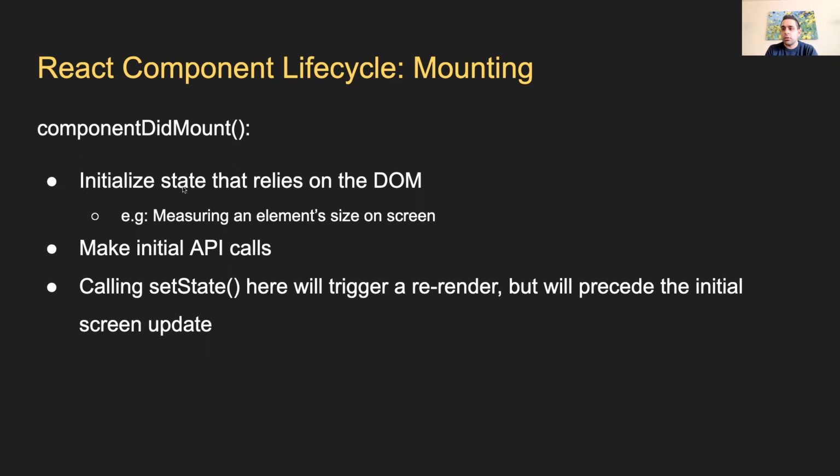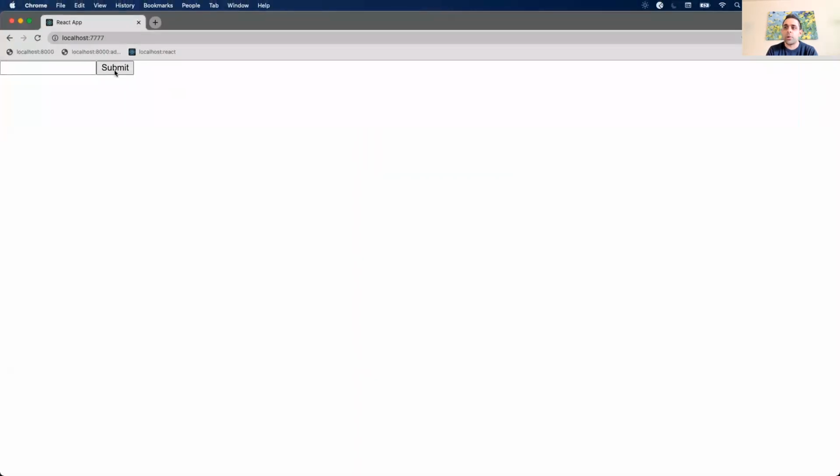This is where you can initialize your state values that rely on the DOM. Usually your state values are probably independent of the DOM, where you just have something like myValue equals 55. But let's say you wanted a state value that measured the actual physical size on screen of your button. Let's say I wanted to store the width of this button inside a local state value.